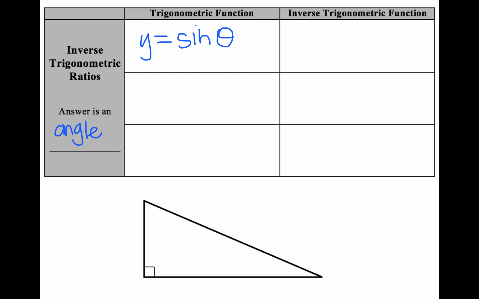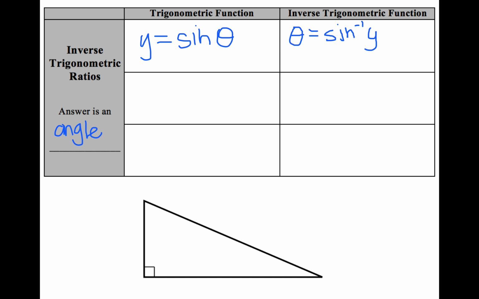If you remember from Module 1 when we learned about inverse functions, one of our properties is that x and y are switched. So I can say then that theta is equal to the inverse sine, which we'll usually write as sine to the negative one, of y. And remember that y is equal to opposite over hypotenuse.